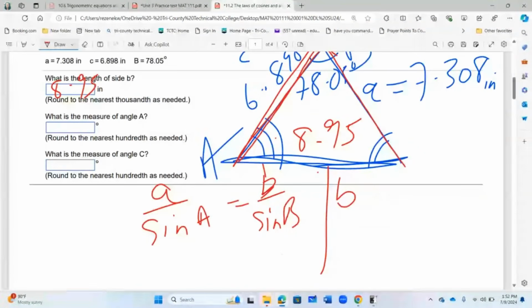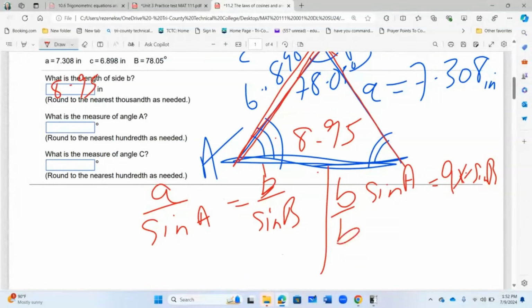B multiplied by sine A is equal to A multiplied by sine B. I don't know sine A, so I'll divide all through by B.